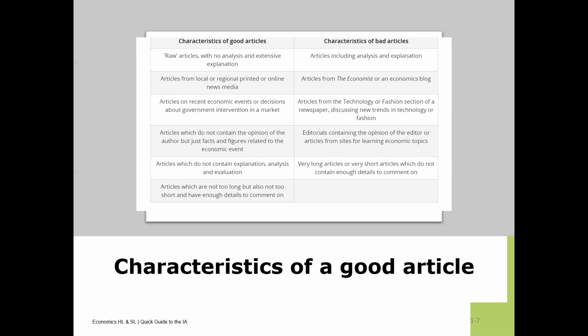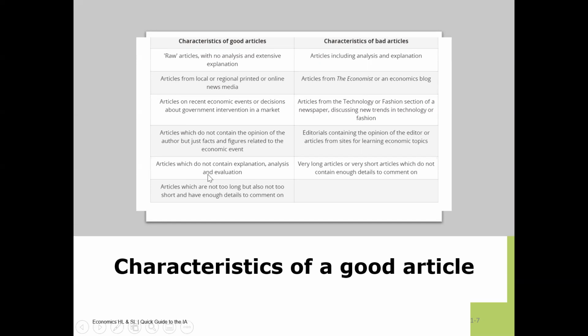I know I said don't have too much data, but just go for objective ones, so they're describing something that's happened. You don't want an article where someone is just giving out about, I don't know, anti-vaxxers or something like that, because that's more difficult to analyze, and you want to have some facts that you can apply your economic knowledge to.